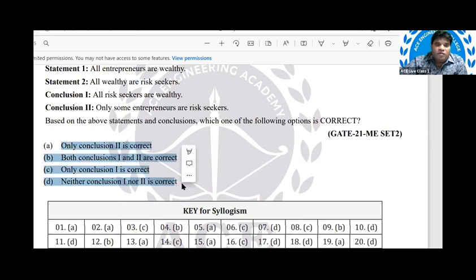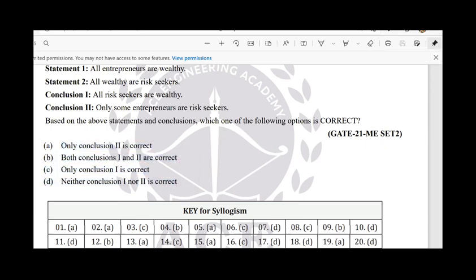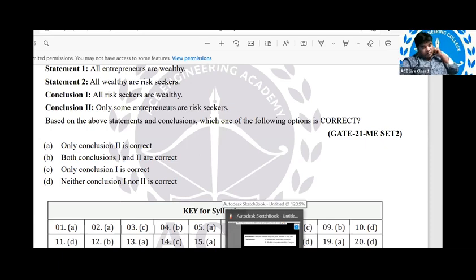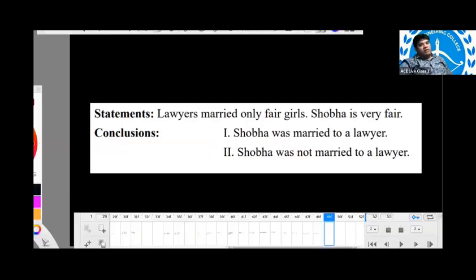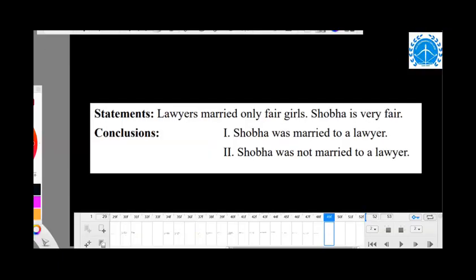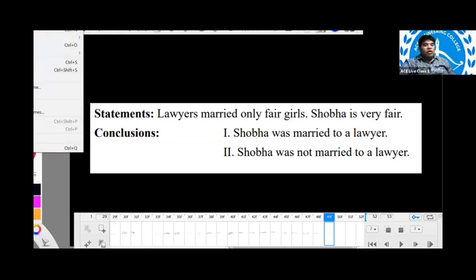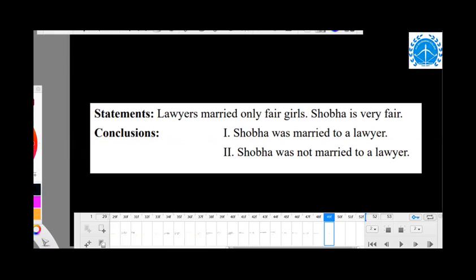We have only exactly 4 options. Not that, sir. In the conclusions, possibility statements. Very rare, 1% chance. May or possibility, that kind. No, not there.